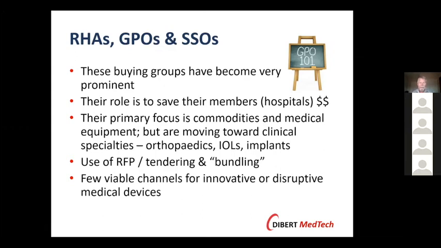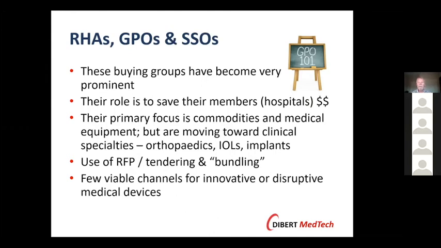However, they are moving towards specialty. So they've tried to do tenders for orthopedics. They've tried to do tenders for intraocular lenses and other implants. So they use an RFP and they use tendering, and they also use bundling.